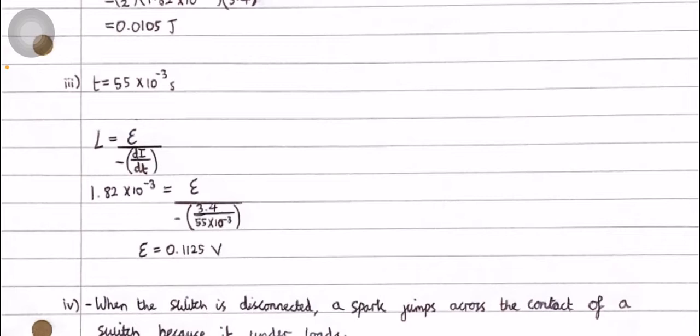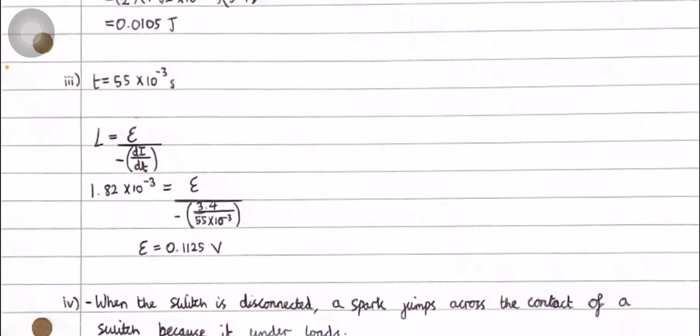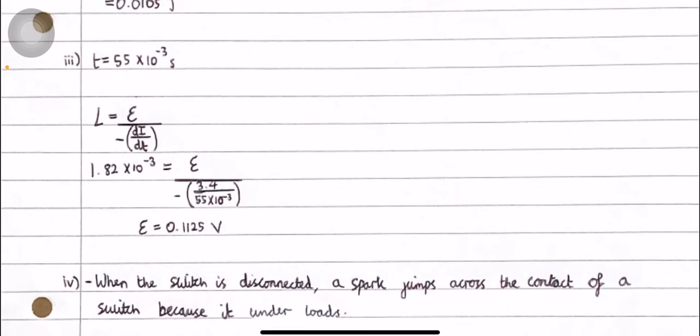So from the self-inductance formula, just put in the information that we have already gotten. So you will have 1.82 times 10 to the power of negative 3 equals EMF over 3.4 over 55 times 10 to the power of negative 3. So when you try to find the EMF, you will get 0.1125 volts.